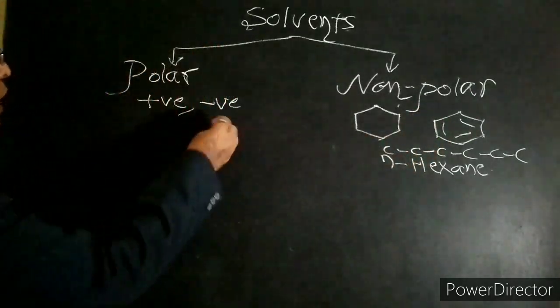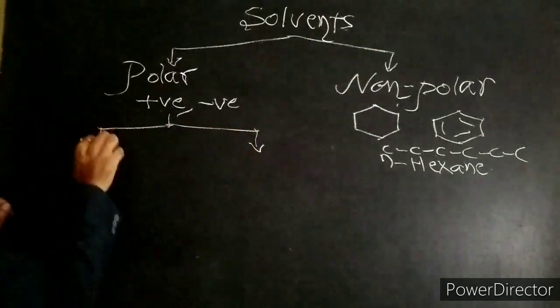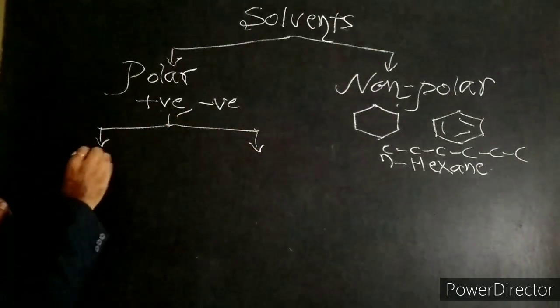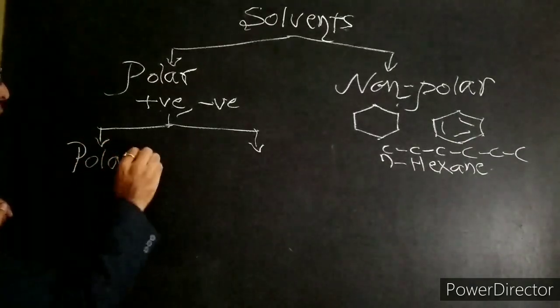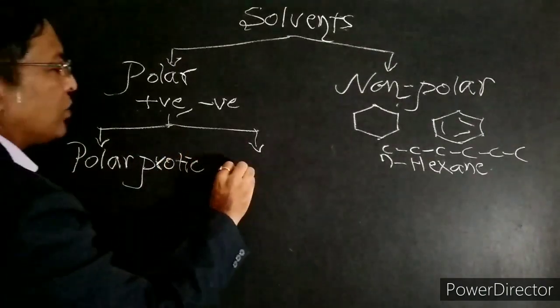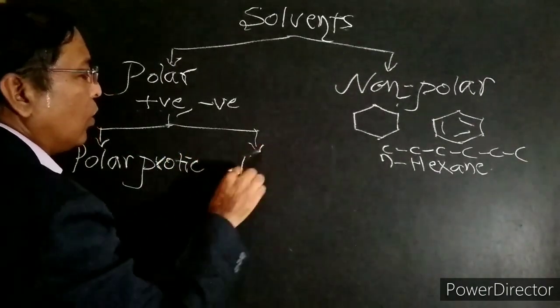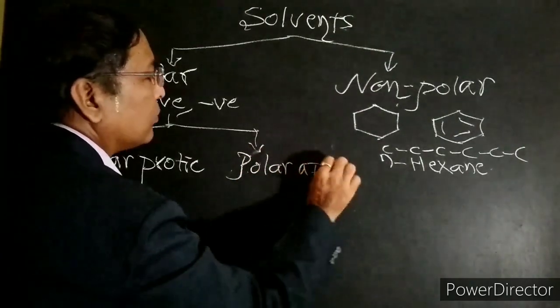Now, polar solvents are further classified into two types. The first one is polar protic solvent, and the second one is polar aprotic solvent.